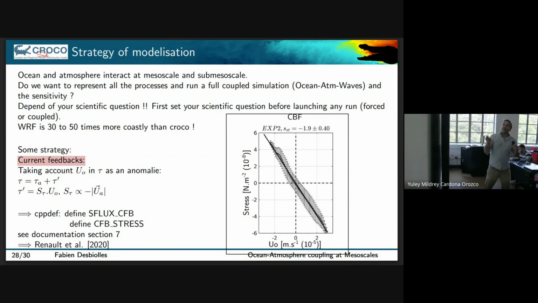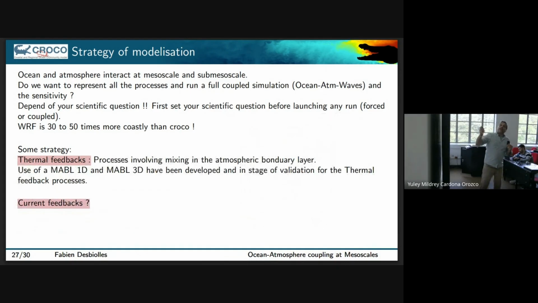So the best thing that we are trying to do is to use a simplified model of the MABL, atmospheric boundary layer, 1D and 3D. Those models are already developed, and now we are trying to implement it in CROCO. We are at the stage of validation for thermal feedback, so we don't know yet if it's working well or not.